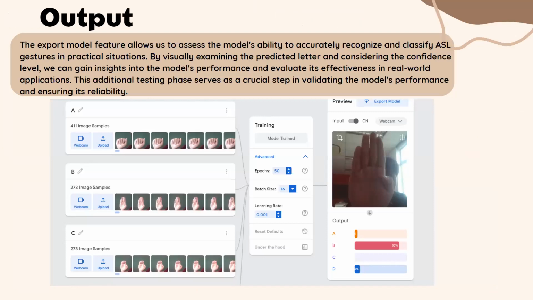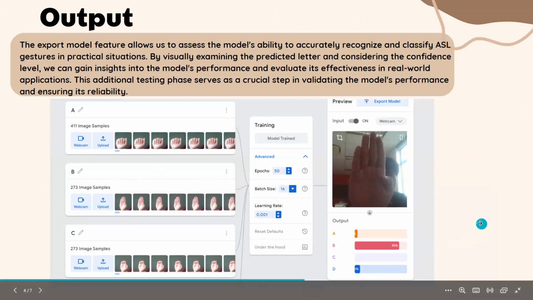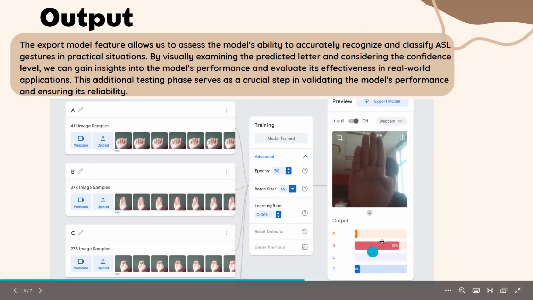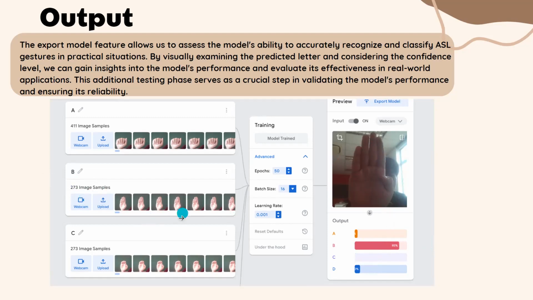All right, so this is our training phase. The export model functionality provides us with an opportunity to evaluate the model's performance in real-world scenarios by accurately recognizing and classifying ASL gestures. Through visual analysis of the predicted letter and confidence level, we can see here from the output, this is the letter B. And we have put 273 image samples with an epoch of 60 and a learning rate of 0.001.